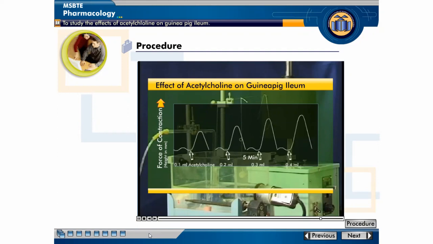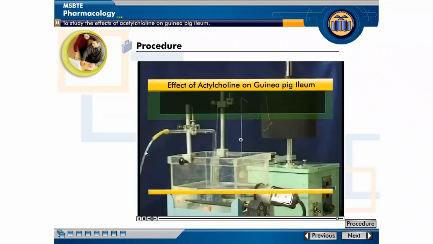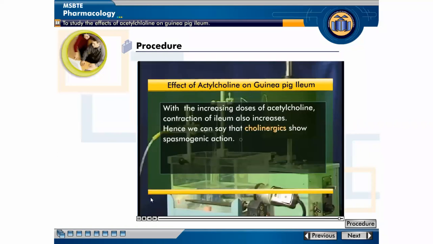Please note that height of the response is indicative of ileum contraction. You shall observe that with the increasing doses of acetylcholine, contraction of ileum also increases. Hence, we can say that cholinergics show spasmogenic action.